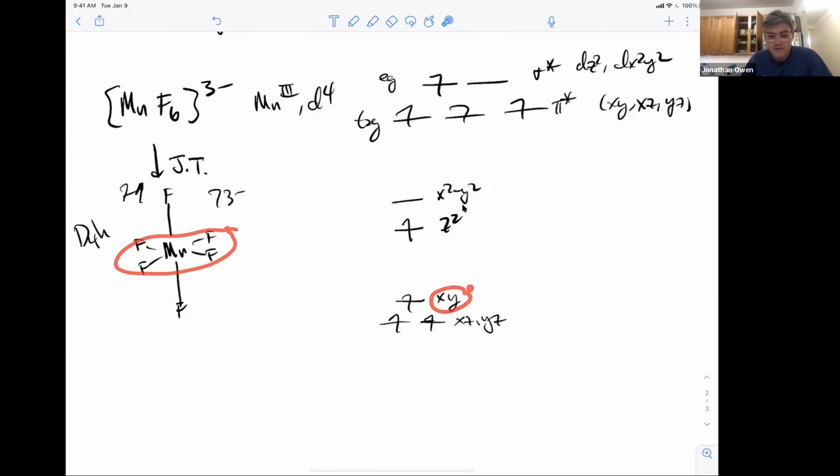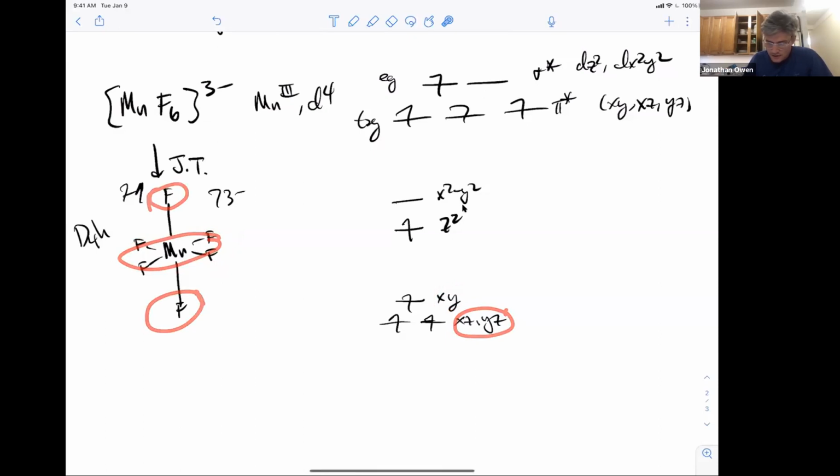It's in between all of those 4 fluorines that are in the square plane. So that XY orbital is now being ganged up on by 4. Whereas the vertical ones, XZ and YZ, they're impacted by these 4, but they're also impacted by these 2.